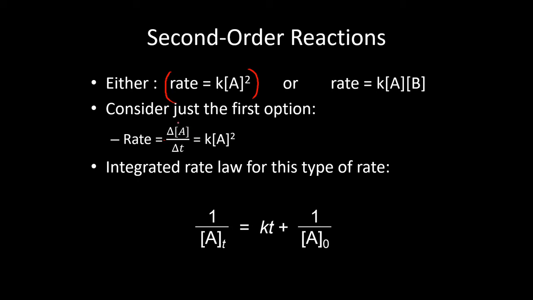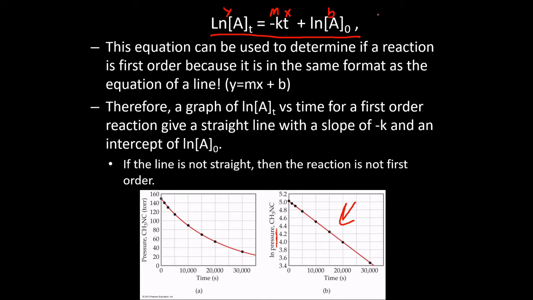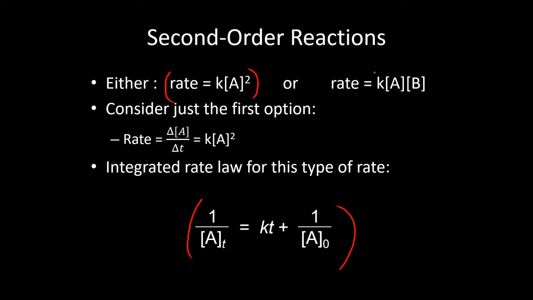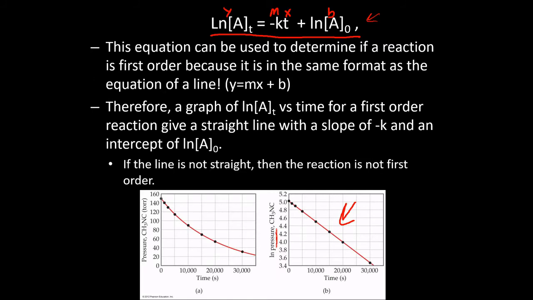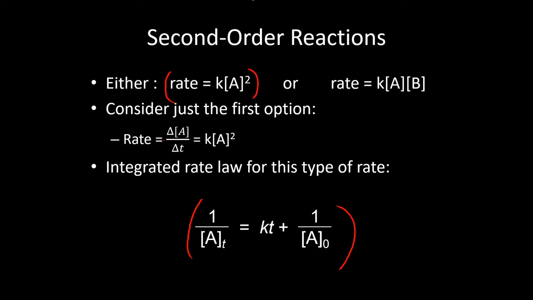But if we take this and we integrate it, we get this handy equation here. Notice that it is very similar to this one. The main difference is that in the first order, we were taking the natural log of the concentration, and in this case, we are doing 1 over the concentration. And the other difference is that here it was negative k, so we had the negative of the slope, and here it is positive k.